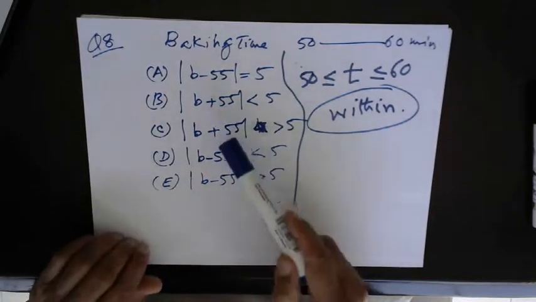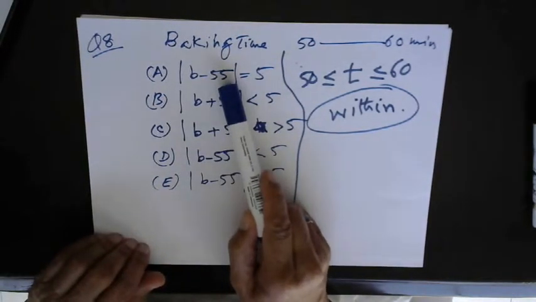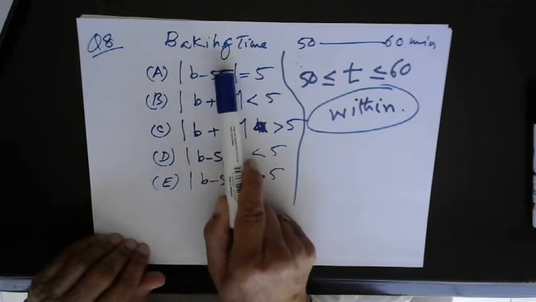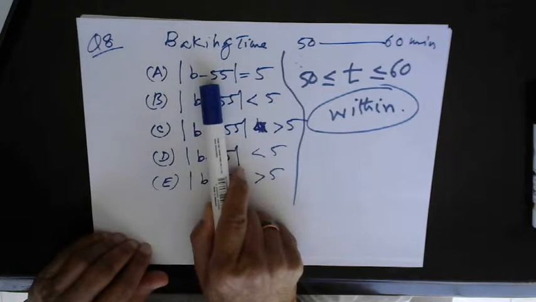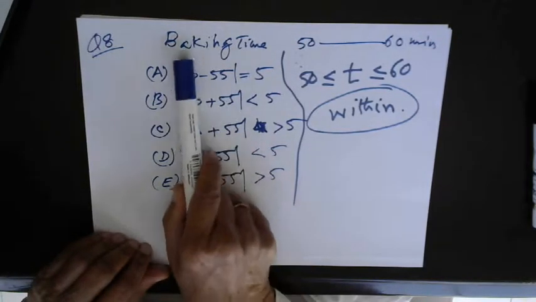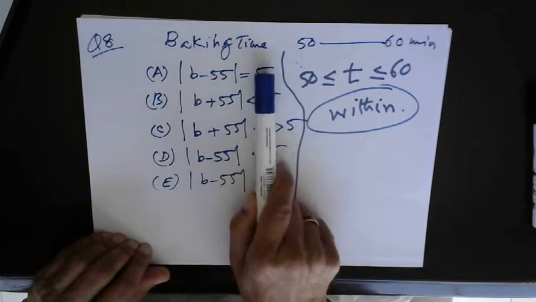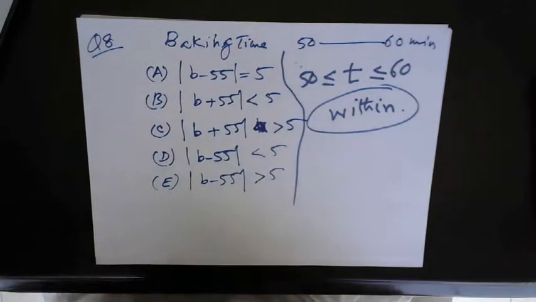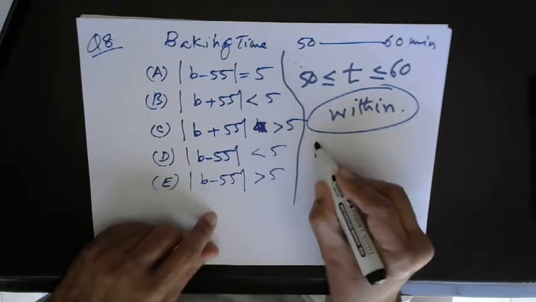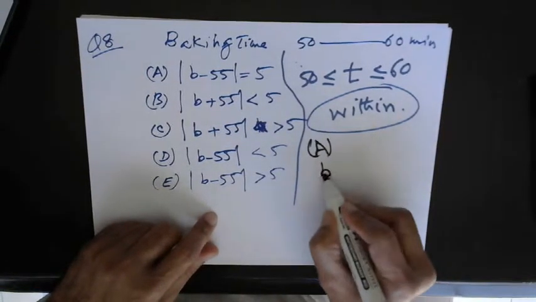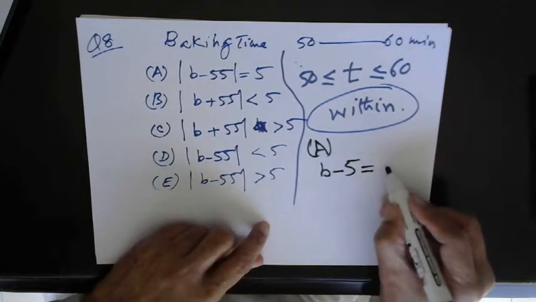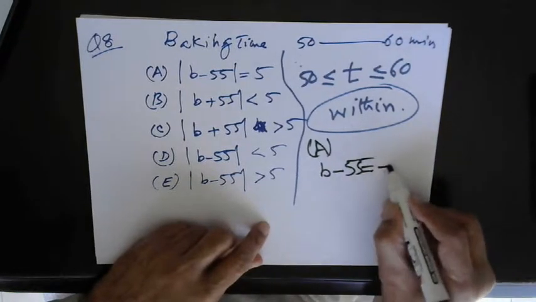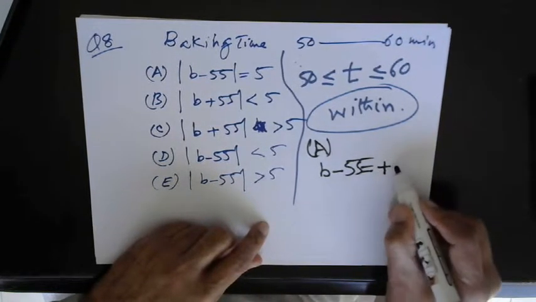But I'm sure you know that absolute value means whatever is within these two vertical lines, whether positive or negative, we take the positive value only. So for this left hand side to be equal to 5, my b minus 55, sorry, can be equal to plus 5.